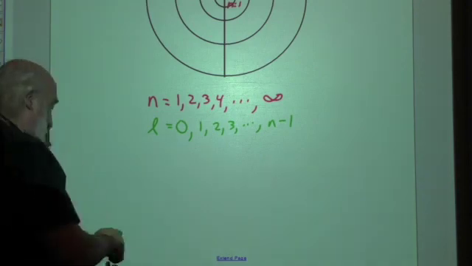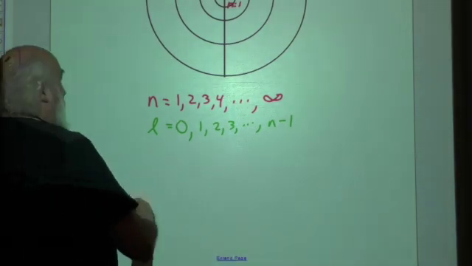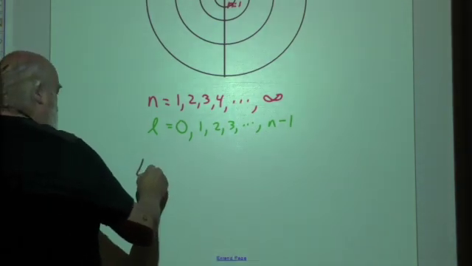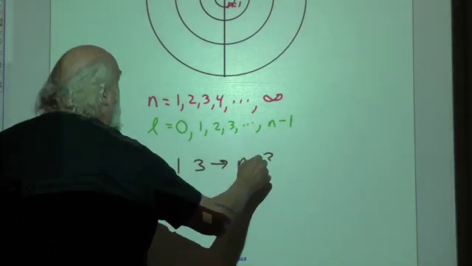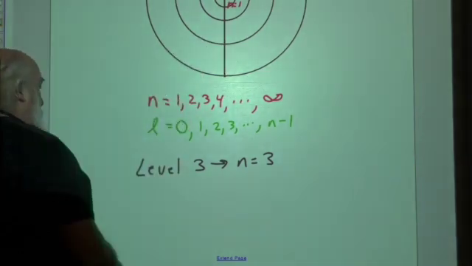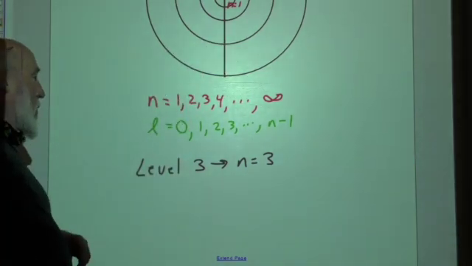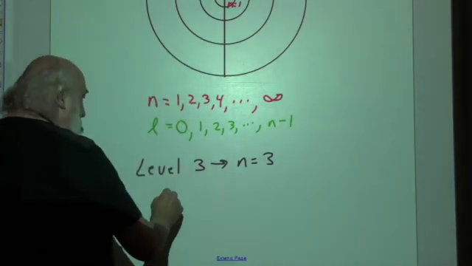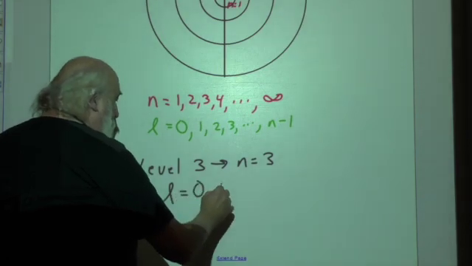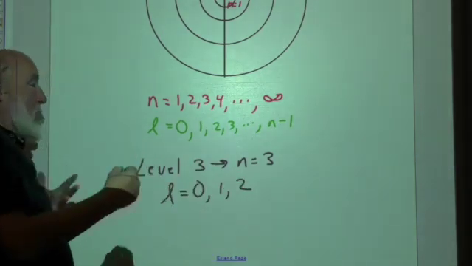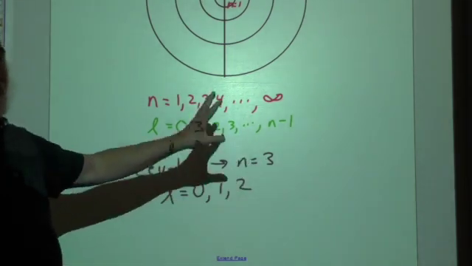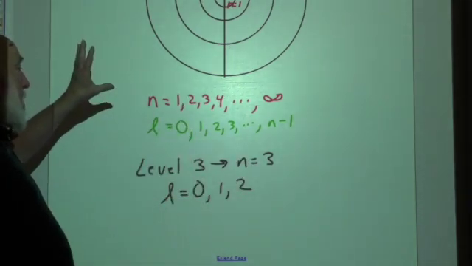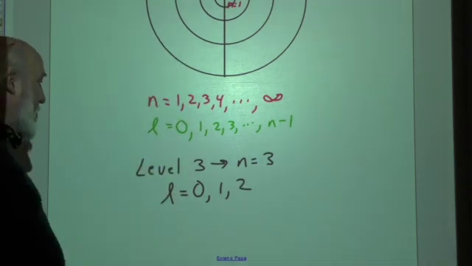So what that means is this. If we're on level 3, that means n equals 3. So this right here, n equals 3. And then we can have values of L equals 0, 1, and 2. 2 is the maximum value. So any one of these 3 descriptions of shapes of paths can exist in level 3.